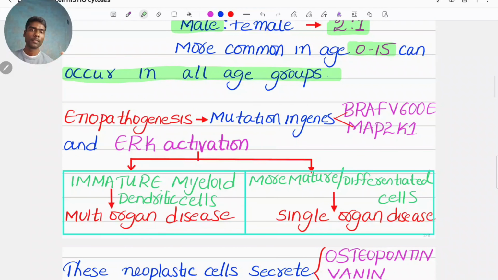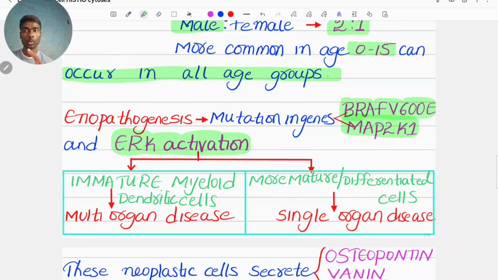Etiopathogenesis. Earlier there was a discussion whether it is a reactive disease or a neoplastic disease. Now, in genes like BRAF V600E and MAP2K1, they observed mutations and confirmed this disease as a neoplasia with ERK activation and gene mutation.